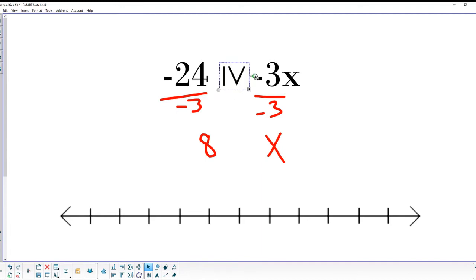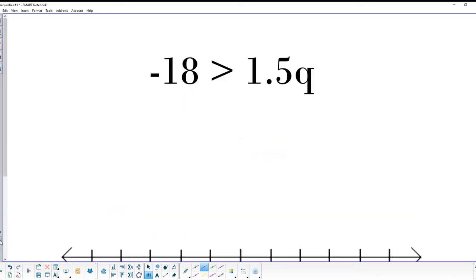So when I write it down, it's going to look like this: x is greater than or equal to 8. So the arrow gets swapped in the other direction. Okay, how about this one?